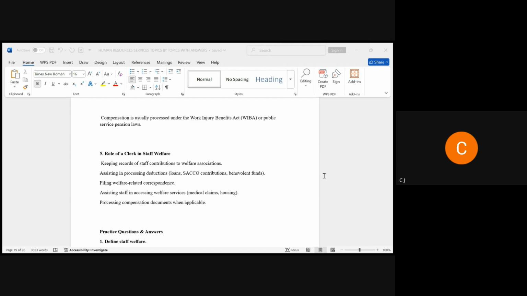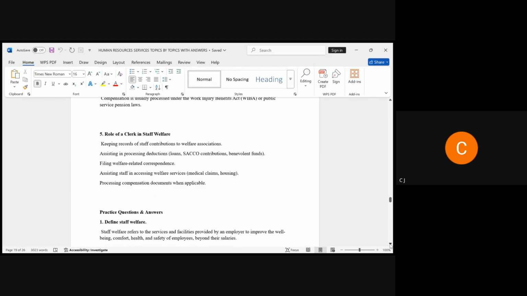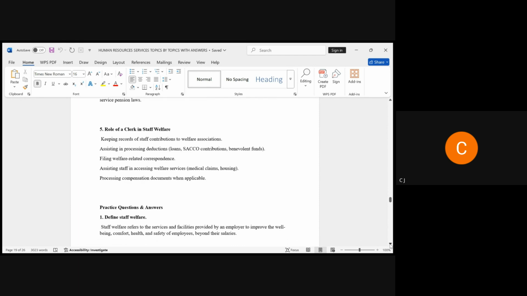Another one, staff welfare refers to the services and facilities provided by an employer to improve the well-being, comfort, health, and safety of employees beyond their salaries.